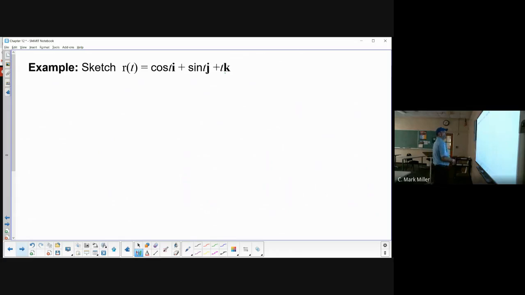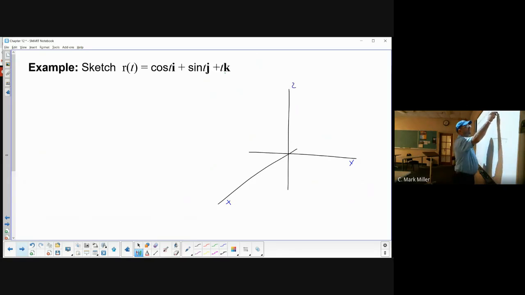If it didn't have that K component, don't write this in your paper, it would start at the positive x-axis and just trace a circle in the xy plane, starting right here.